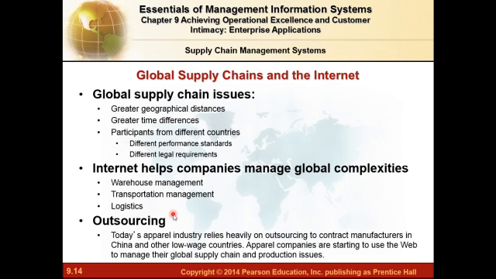Okay, companies must still deal with foreign government and cultural differences, for which there are no easy answers or internet applications. However, the internet can help companies manage global complexities with these three: warehouse management, transportation management, and logistics. Okay?